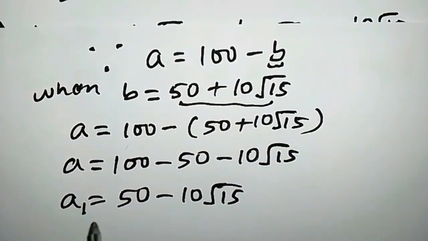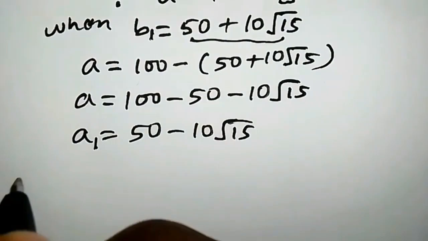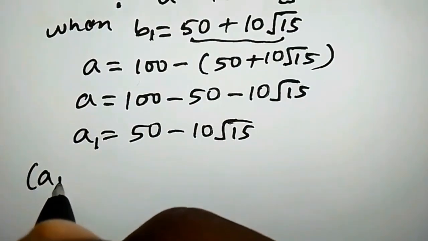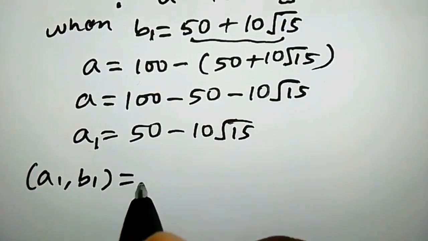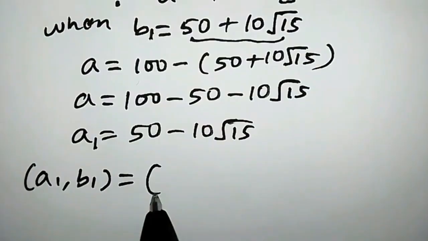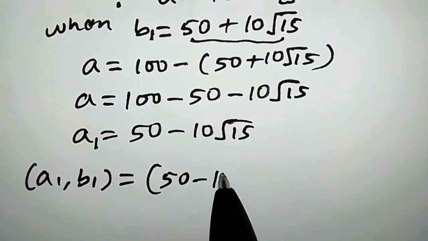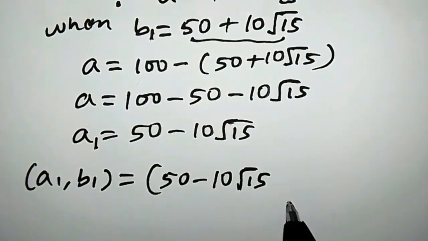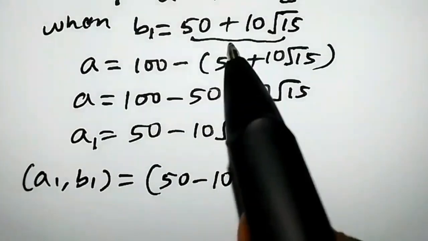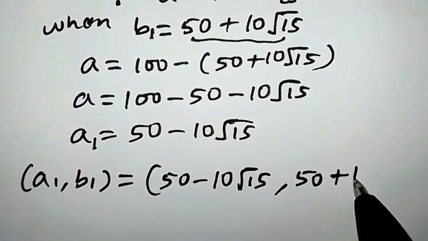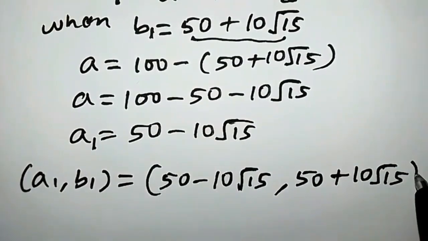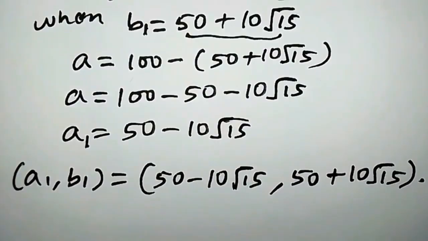Let's call this a1 and this b1. This means that the first solution, a1 comma b1, is equal to: a1 is 50 minus 10 root 15, and b1 is 50 plus 10 root 15. This is the first solution.